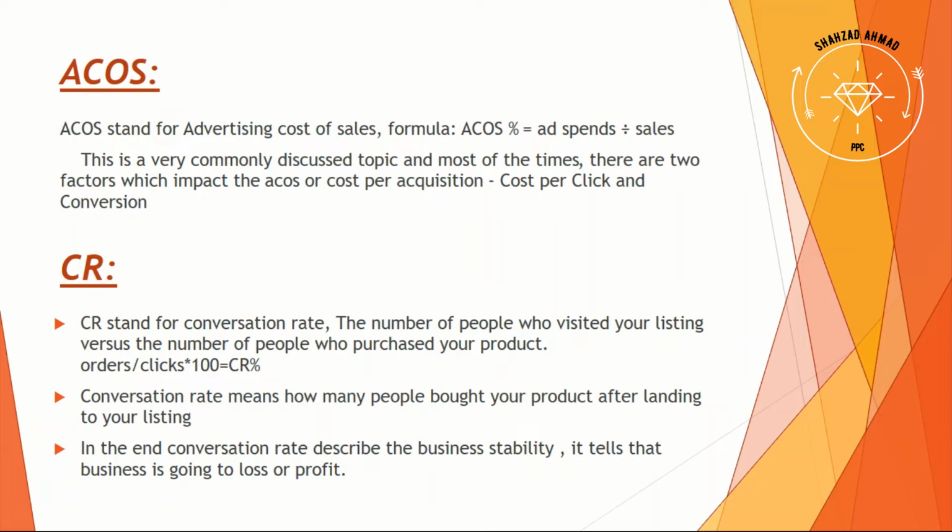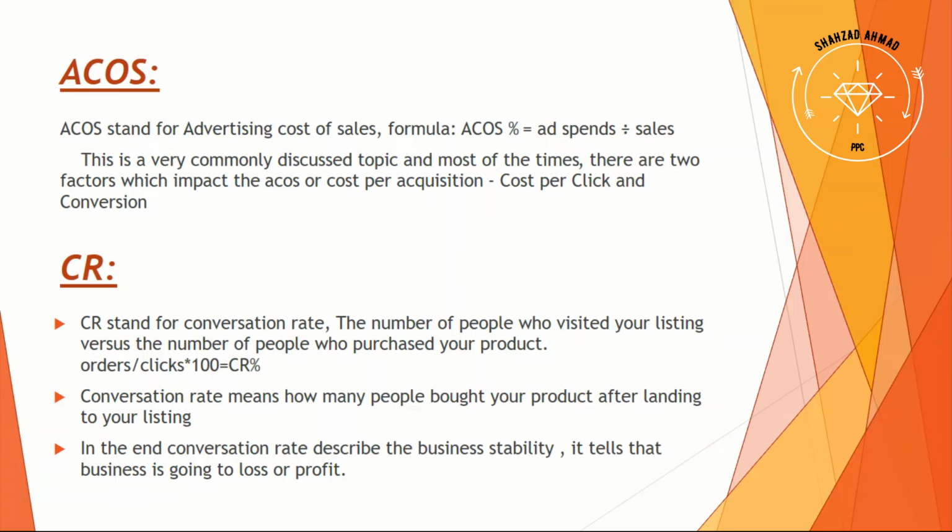So this is the ACOS. ACOS shows how much you spend on Amazon advertising in order to generate $1 in revenue from that spend. For example, if you spend $30 and you generated $90 in sales, you will get $0.33 spent for $1 revenue.